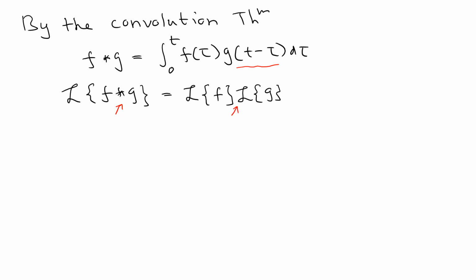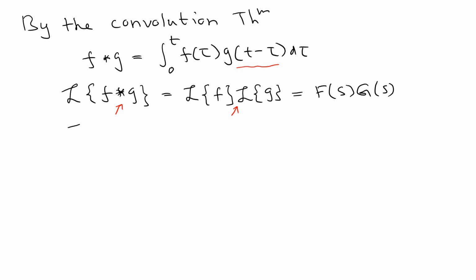There are two different types of products, which is why we use a different notation here, the star. Don't use the dot here, because I know some students try to use that, and that's not right. It's not the regular product, it's a special product. For simplicity you can also write this as F(s) G(s), just the multiplication. So now, because of that, if you try to get the inverse, what will happen?